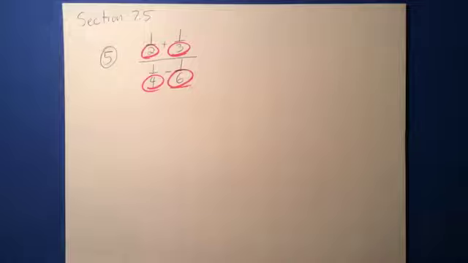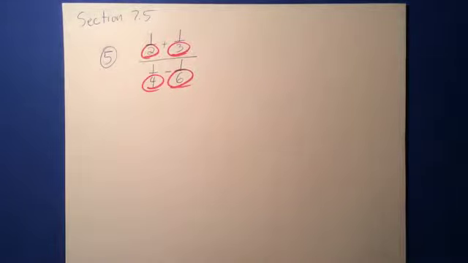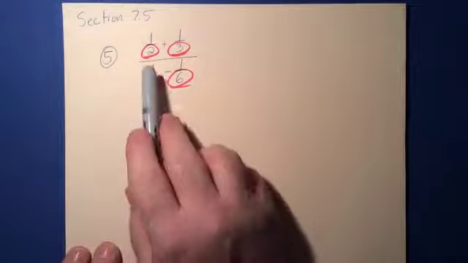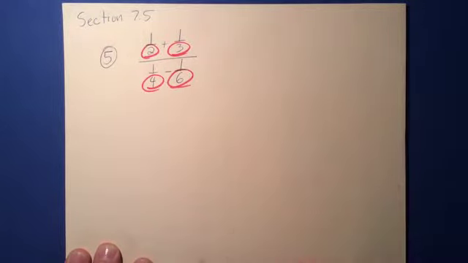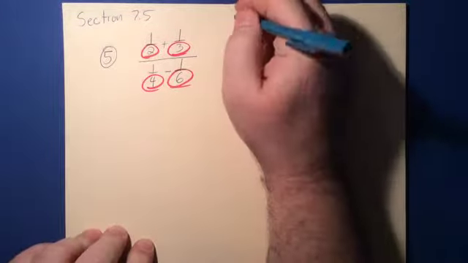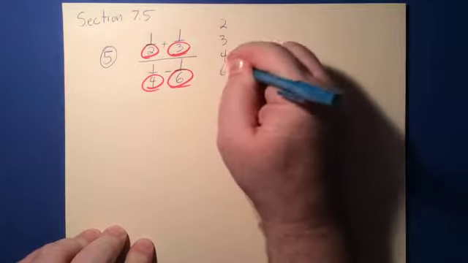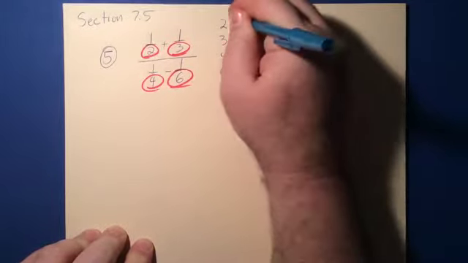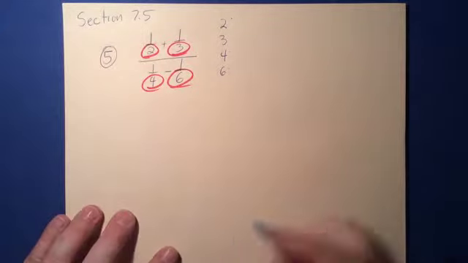What I'm actually going to try to do is to try to get rid of the fractions, but yet maintain the equality of the complex rational expression. So I find for 2, 3, 4, and 6 the least common denominator or the least common multiple. Now, we looked at techniques for this before. So if I'm looking at 2, 3, 4, and 6, and most of these are not real intricate, so that's why you see me just kind of writing these out.